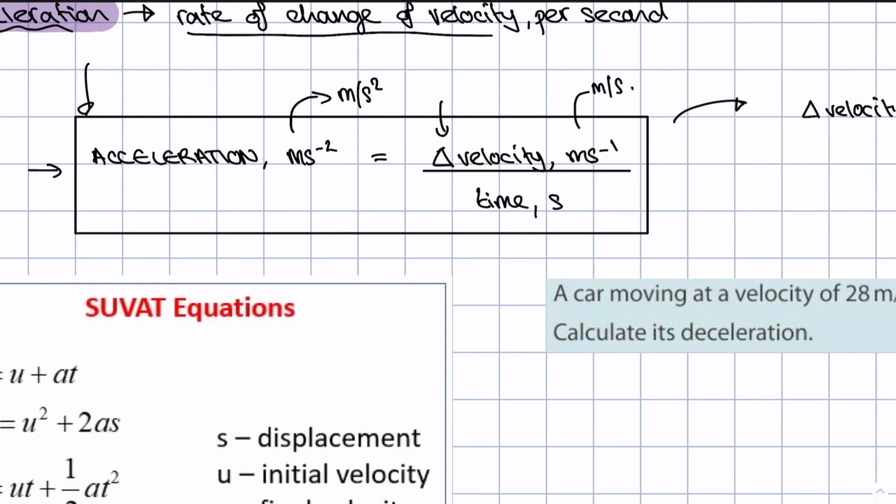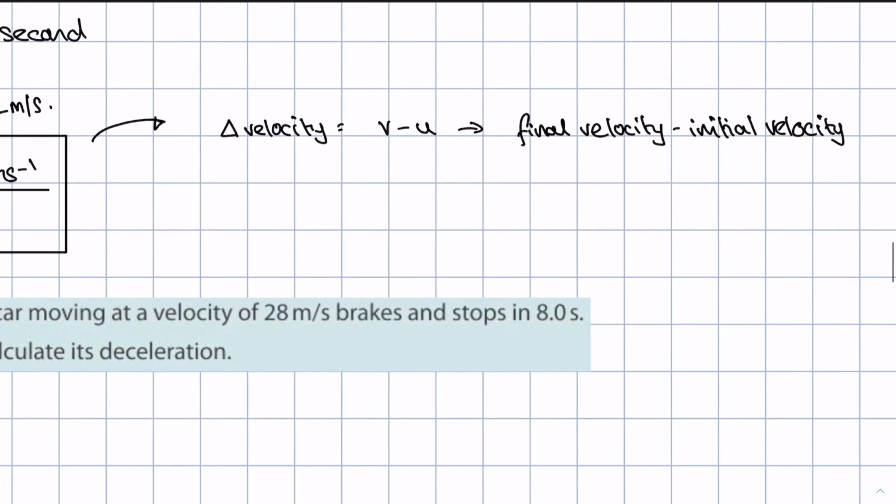What we mean by change in velocity is you take the final velocity, so what speed the thing ends up at, and the initial velocity, and just find the difference. So for example, if a car started off at 6 meters per second and sped up to 8 meters per second, our change in velocity is 2 meters per second.